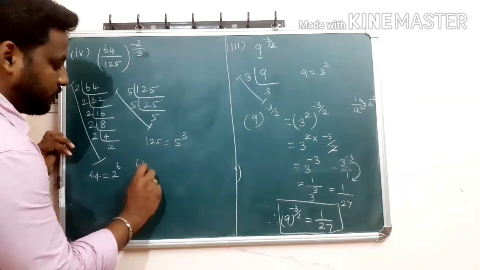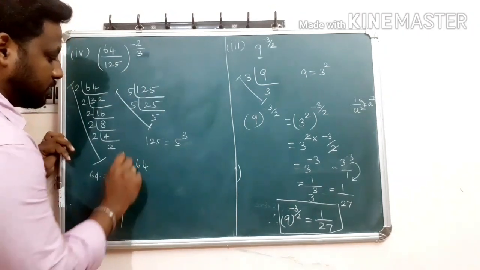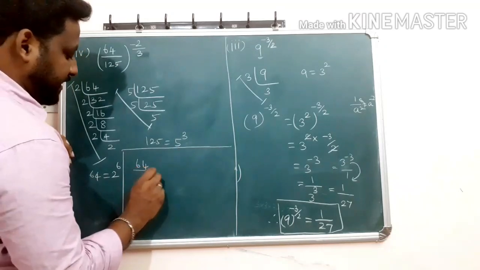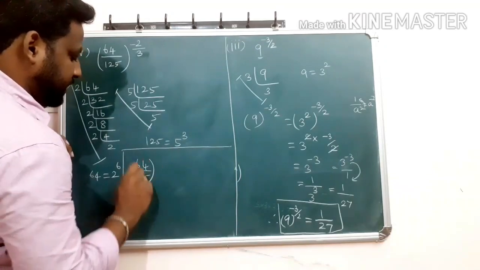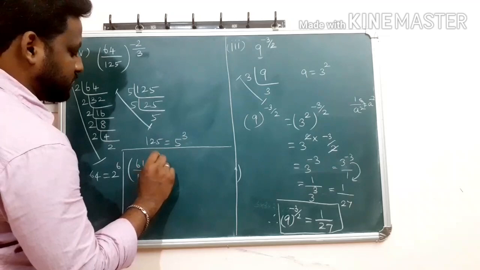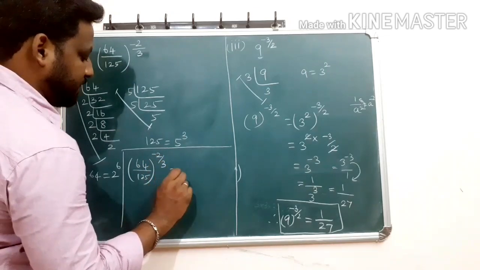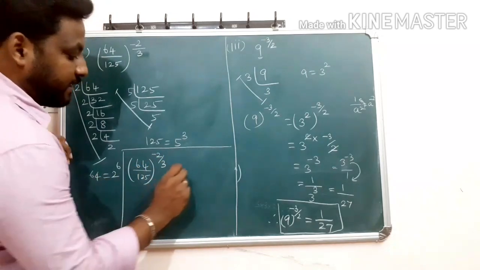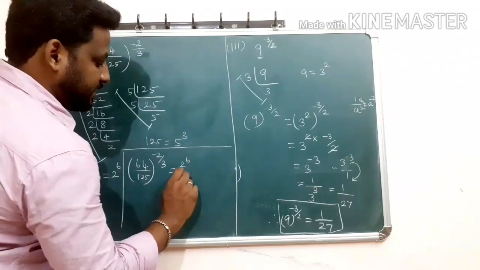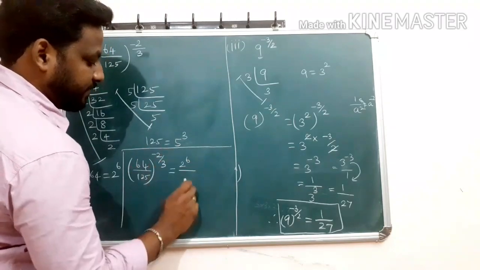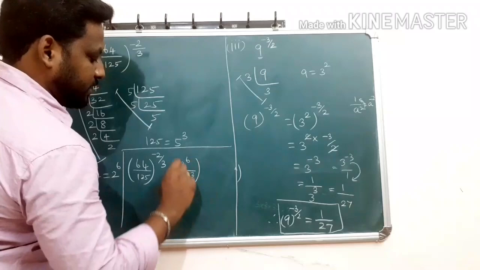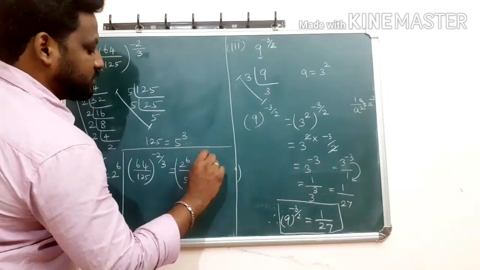So 64 divided by 125, the whole power minus 2 by 3, which is equal to, instead of 64, you write 2 power 6 divided by 5 power 3, the whole power minus 2 by 3.